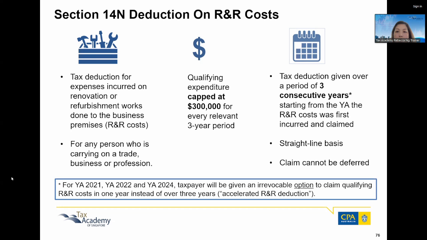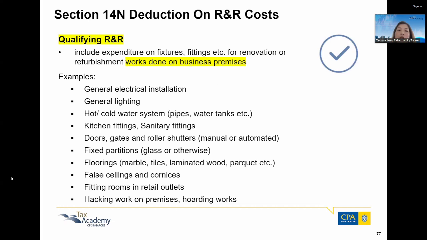We will get to more steps on these proper steps to give you a better understanding on how to compute this Section 14(n) deduction in the later slides. Okay, so the first step, we need to know what is qualifying renovation and refurbishment costs.